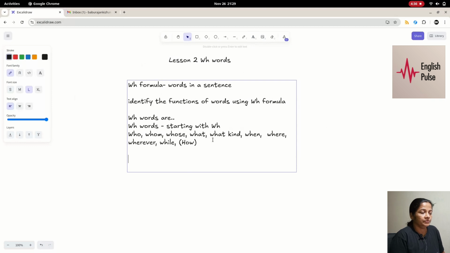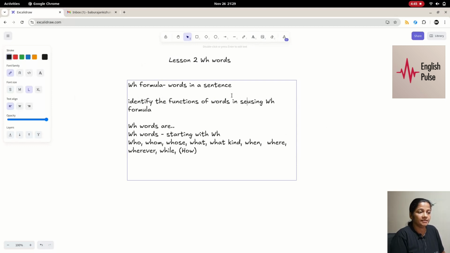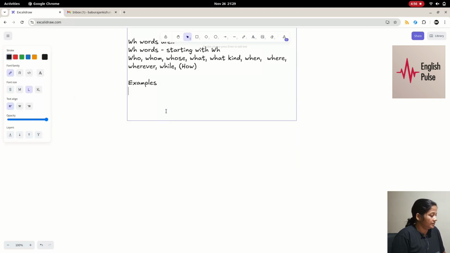Now, as I told you, we are going to identify the functions of words in sentences. So let's start with some sentence examples. A simple one, like in the last class I told you: I am a teacher.